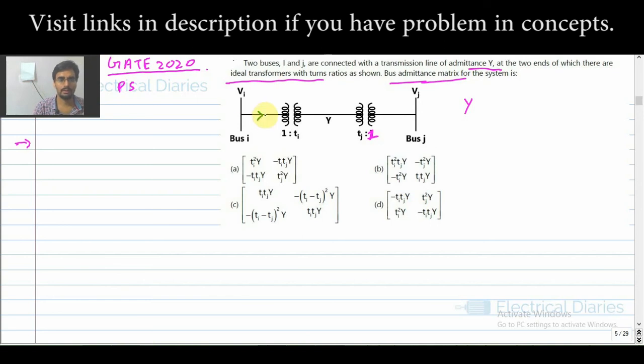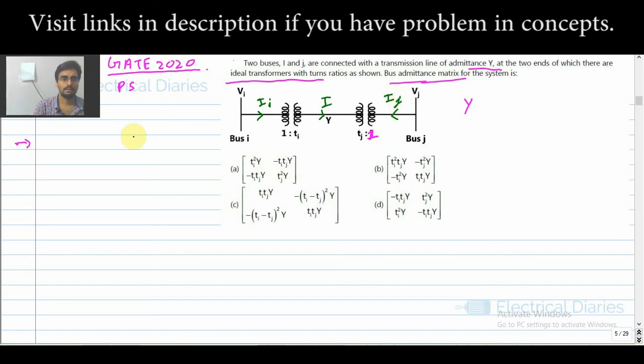See, I will take the direction of this side as into the transformer as it is Ii. Okay, this I will take as Ii, and this I will take as Ij.